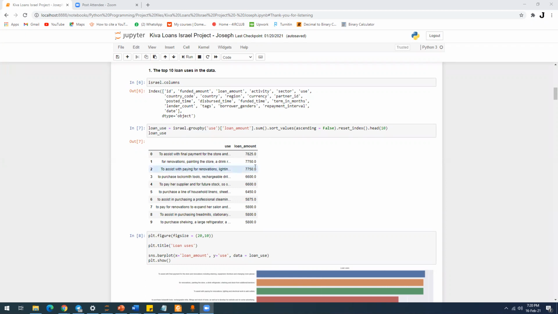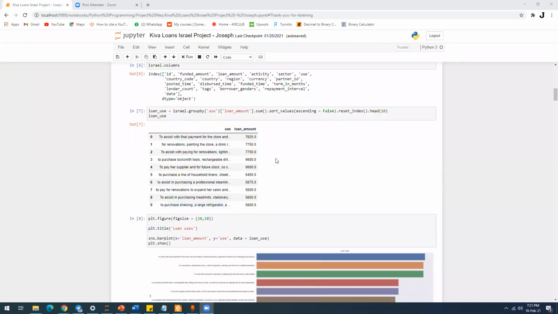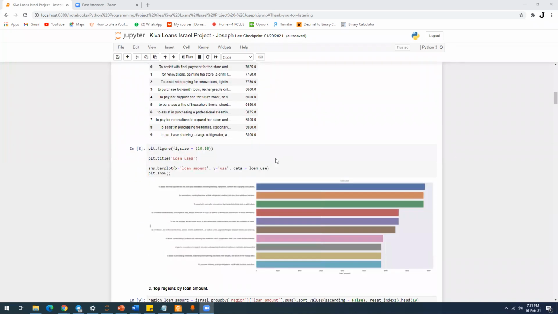With this, I was able to see that to assist with the final payment for the store and more was number 1, and then to purchase shelving, a large refrigerator, and more was number 10. So this marks the top 10 loan uses in the data, and I was able to do a bar plot.